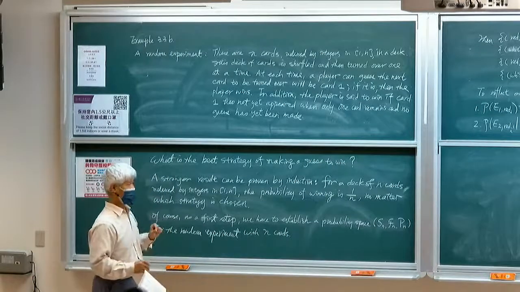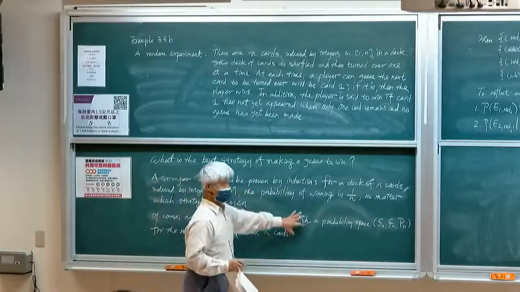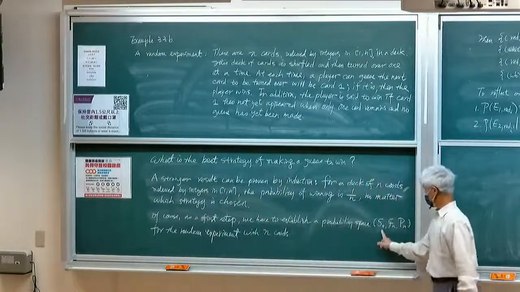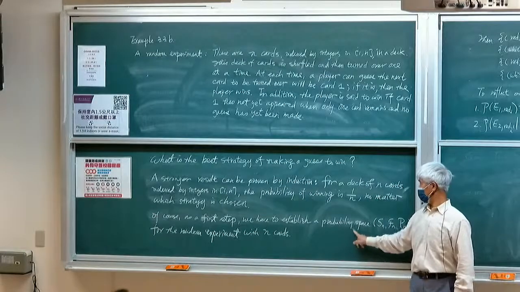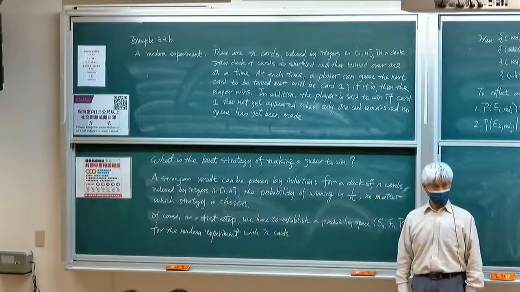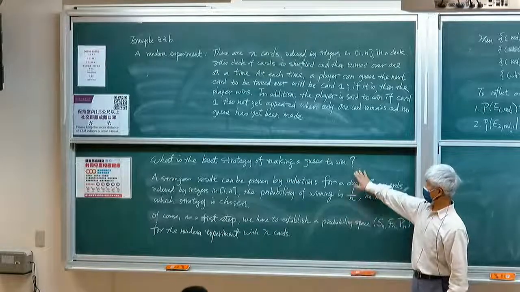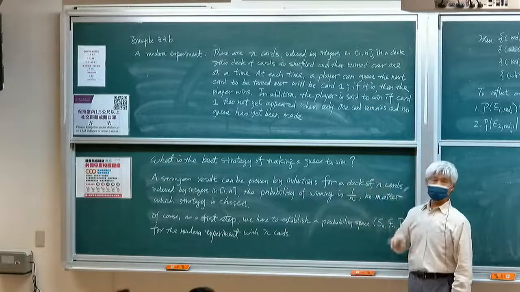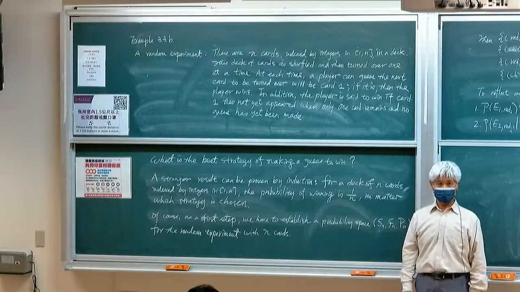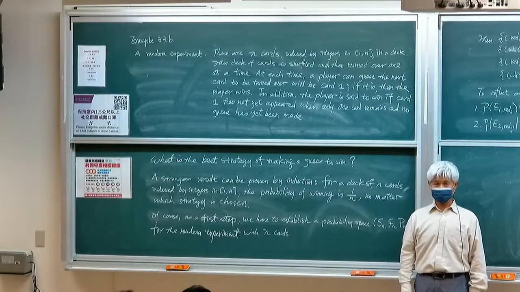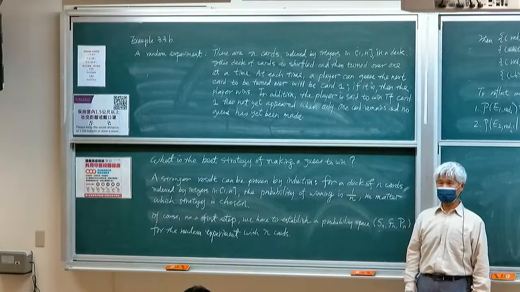For different n, we will have different probability spaces, and we will consider all of them to be able to solve this problem. That is the complexity of this problem. It's a complex problem.